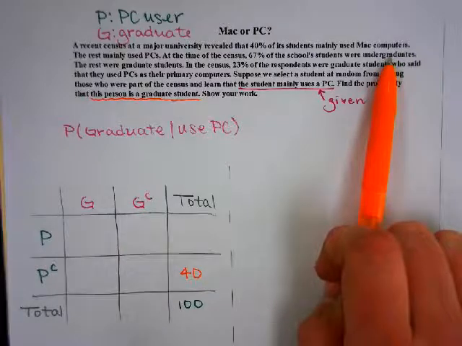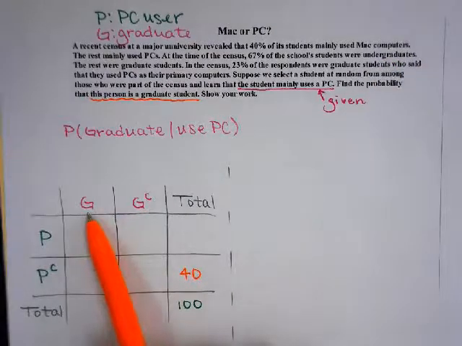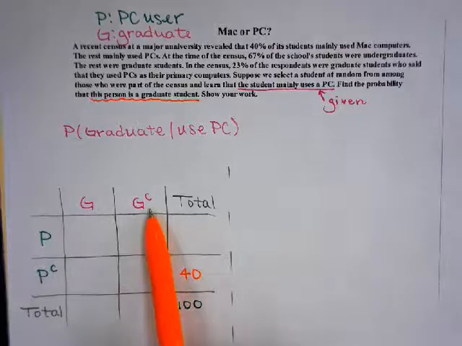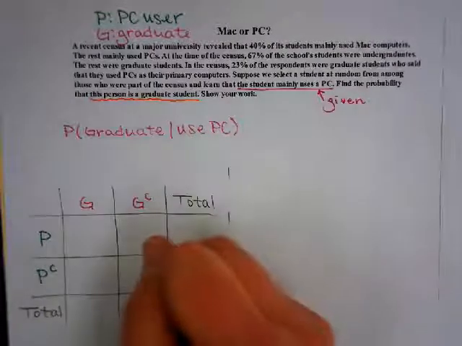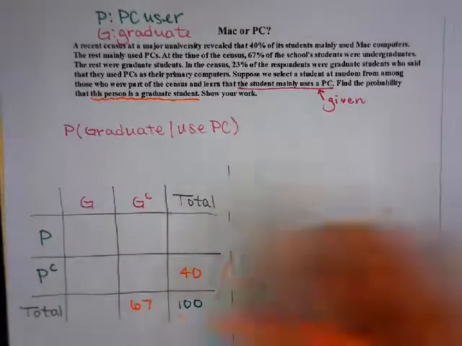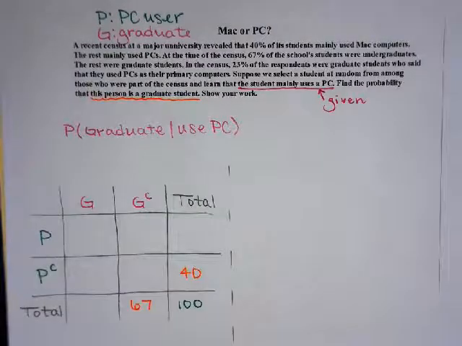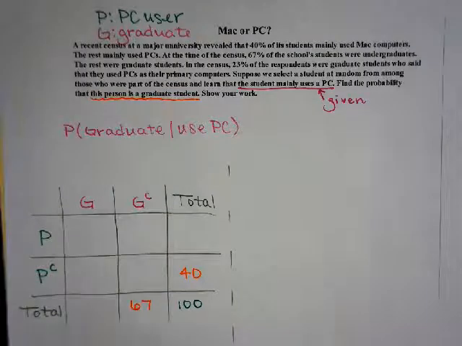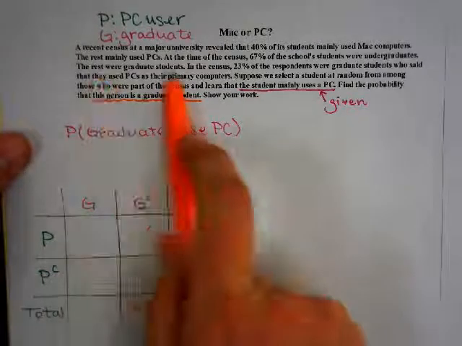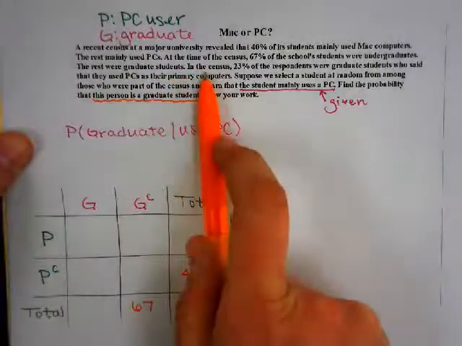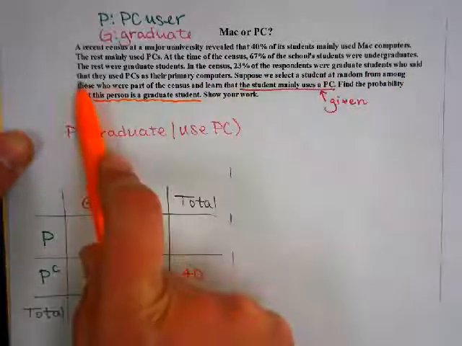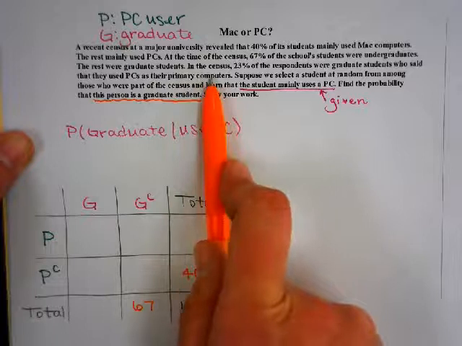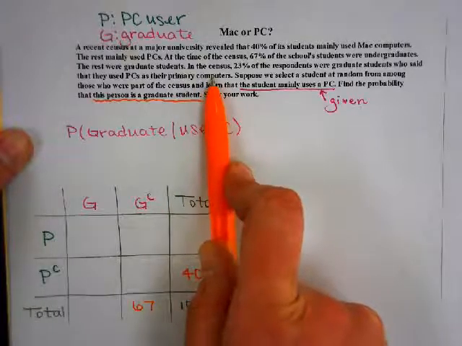And we have 67 there. And then it tells us the rest are graduate students. 23% were graduate students who said they used PCs as their primary computer. 23% are graduate students and use a PC. So graduate and PC would be 23%.